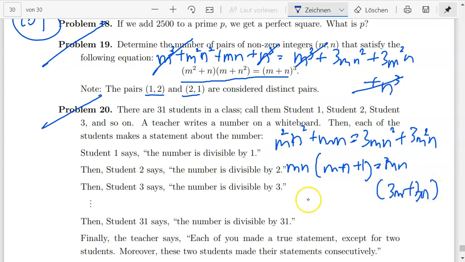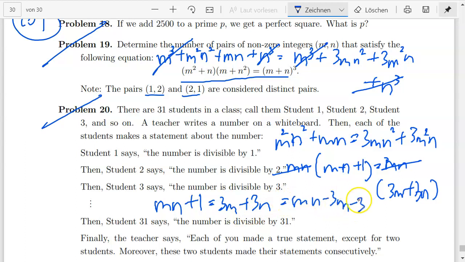Okay, because m and n are both non-zero integers, we can remove this, because if not, it would mean that mn is 0. So we have mn plus 1 is equal to 3m plus 3n, and then we move both 3m and 3n to the left hand side. We'll have mn minus 3m minus 3n plus 1 equals 0.